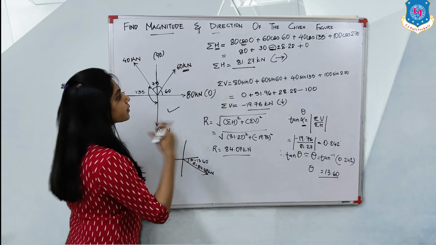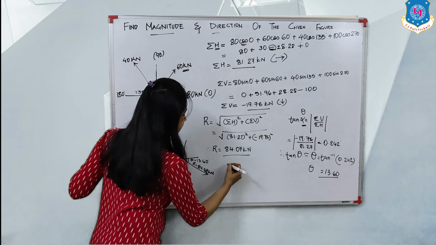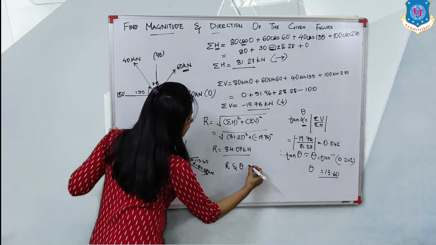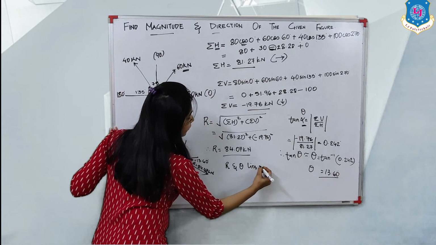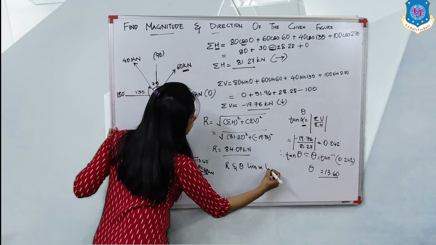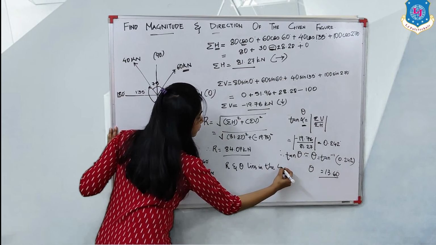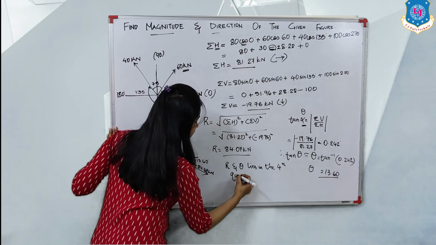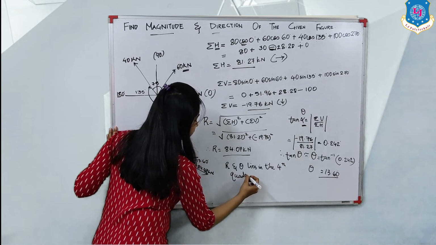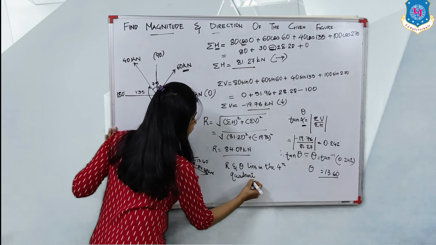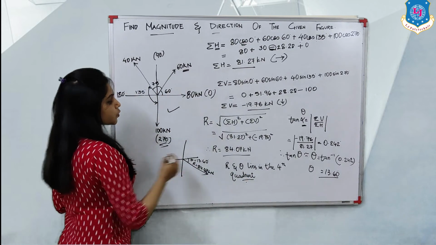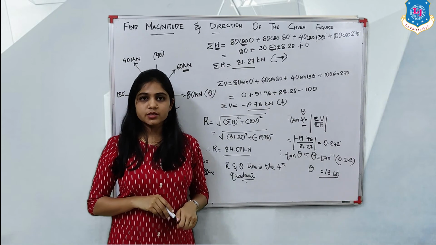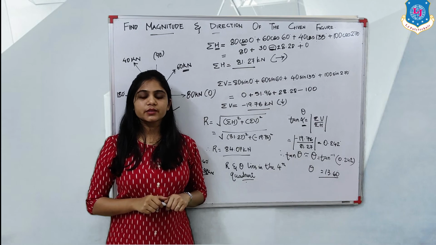So I will write the statement that R and theta lie in the fourth quadrant. So this will be our last statement for solving resolution of forces. Hope you have understood this video. Thank you.